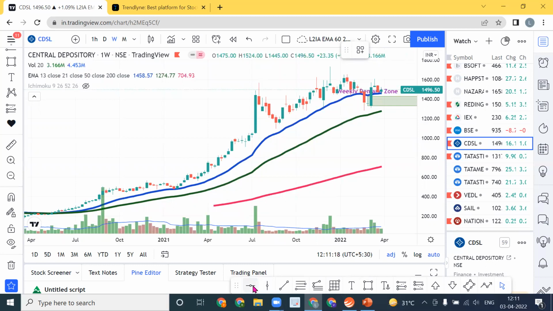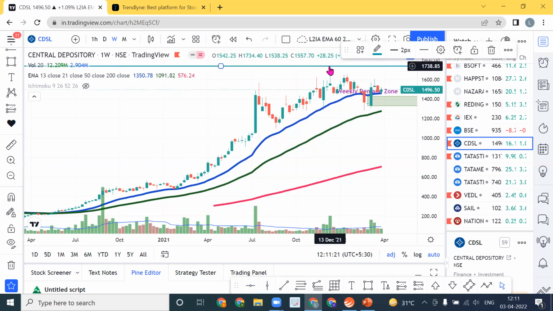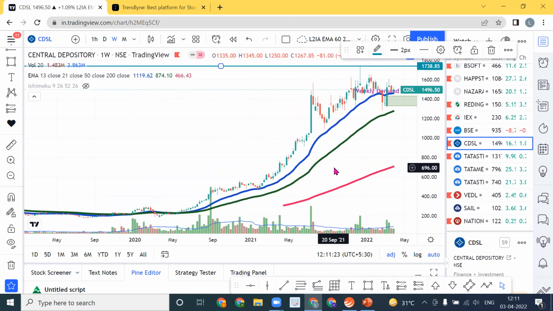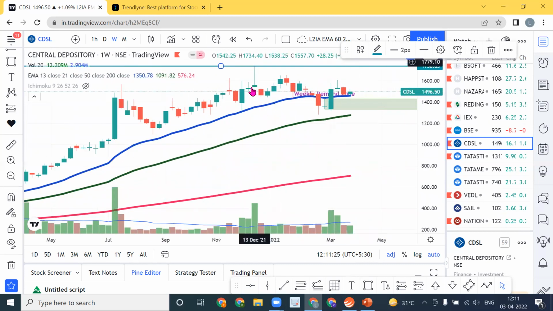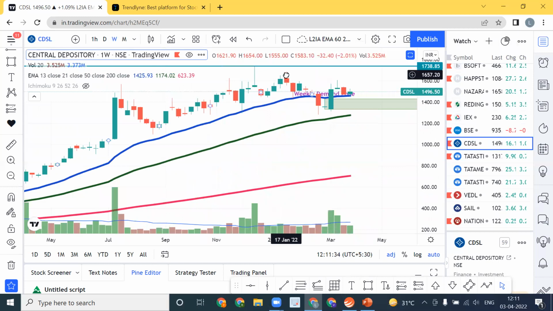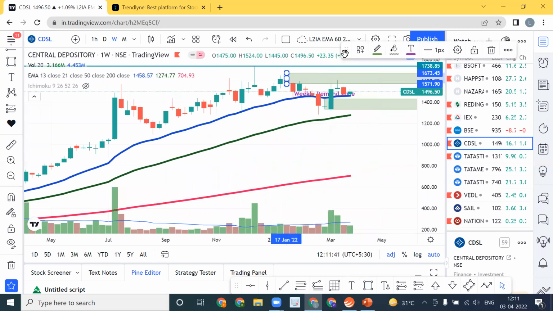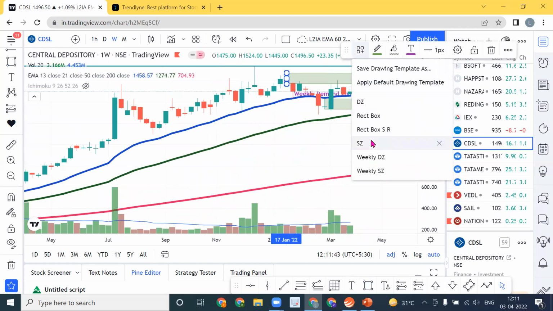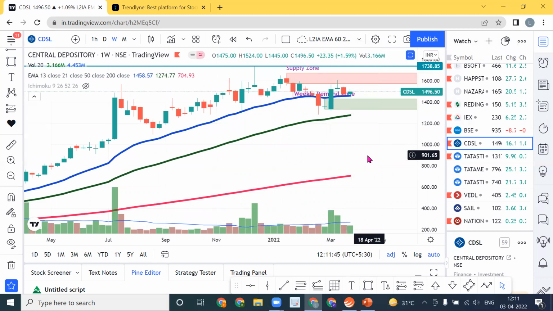The topmost resistance level is here somewhere, 1738, where it had taken a long wick here. If you're looking at a supply zone somewhere, a small supply zone is here. Sorry, it is a weekly supply zone.